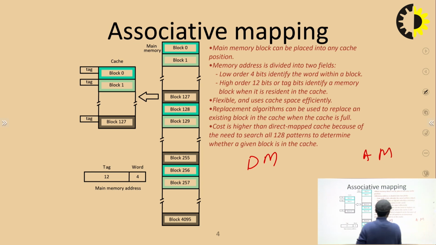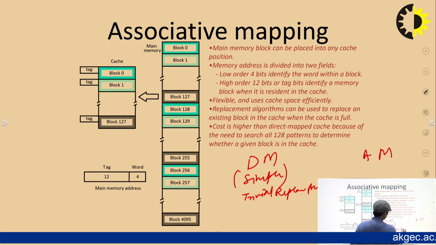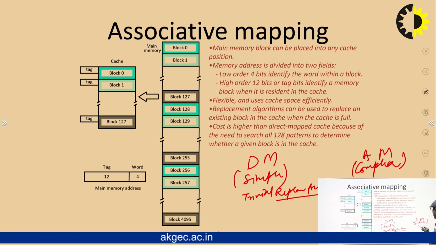So direct mapping is simple, but it has a trivial replacement. So there is a performance loss, but here it is complex, because the tag size is 12-bit, and there it is simple because the tag size is 5-bit.